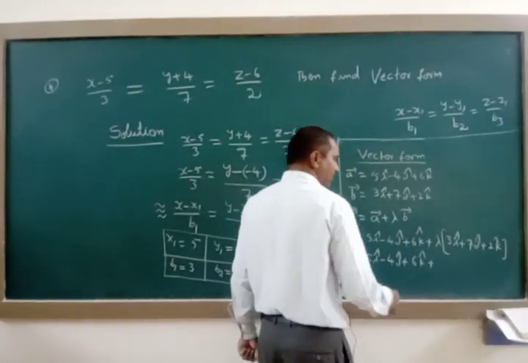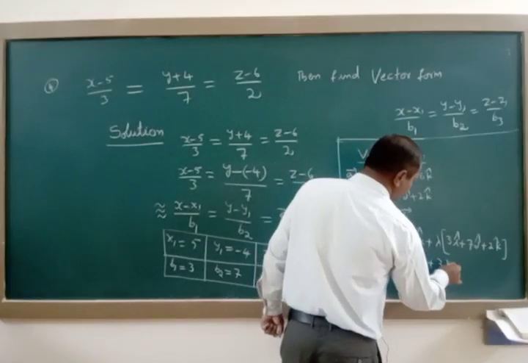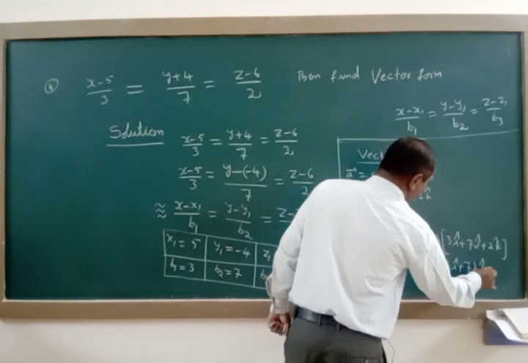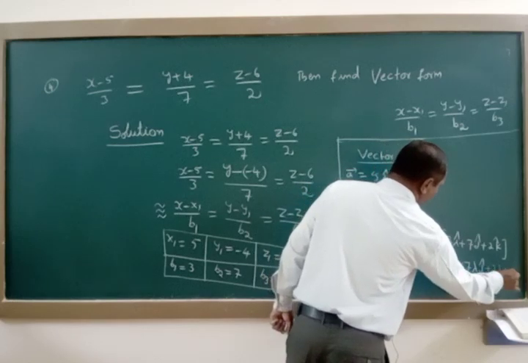Multiply all these three by lambda, then we will get 3 lambda i cap plus 7 lambda j cap plus 2 lambda k cap.